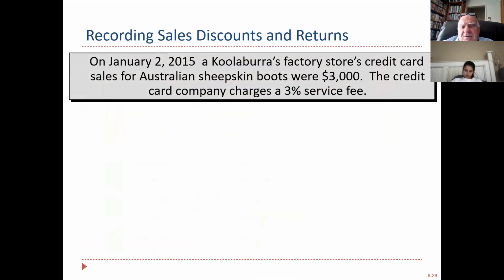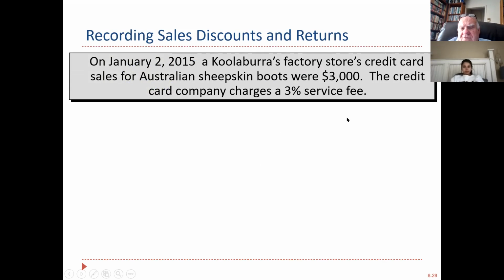Okay, so that's the toughest part of this chapter, I think, Kaylee, okay? But we got some more good stuff here. We're going back into the contra accounts. On January 2nd, 2015, Coolabara's factory store credit card sales were 3,000.